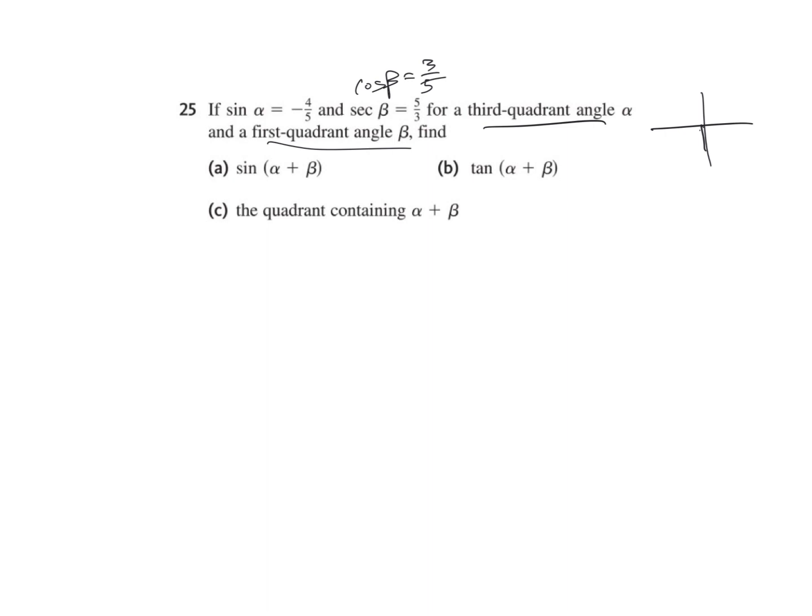All right, so your alpha is going to be -4. Your hypotenuse is 5. So this is -3 for x. And a first quadrant for beta, okay, make it a little bit bigger so we can see it, cosine is 3/5, so the adjacent and hypotenuse, so it's a 3, 4, 5 triangle there as well.